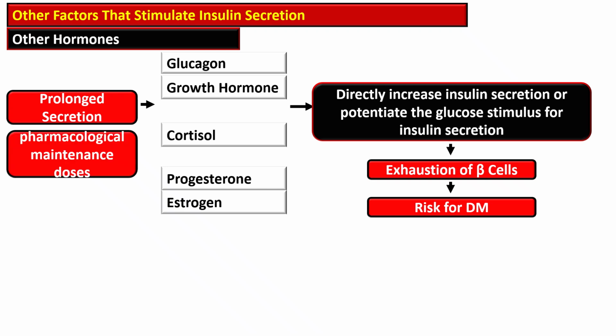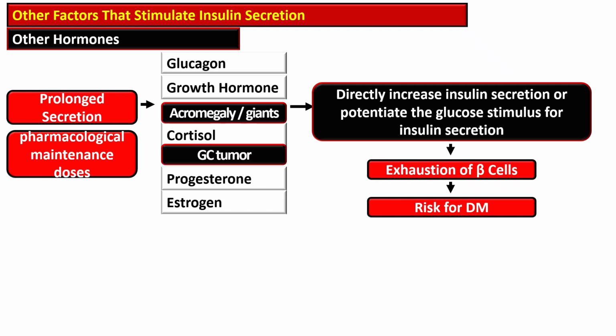So, examples of hormonal disorders that lead to diabetes are acromegaly, that may be associated with a growth hormone secreting tumor that leads to chronically high growth hormone level, that leads to beta cell stress and diabetes risk.